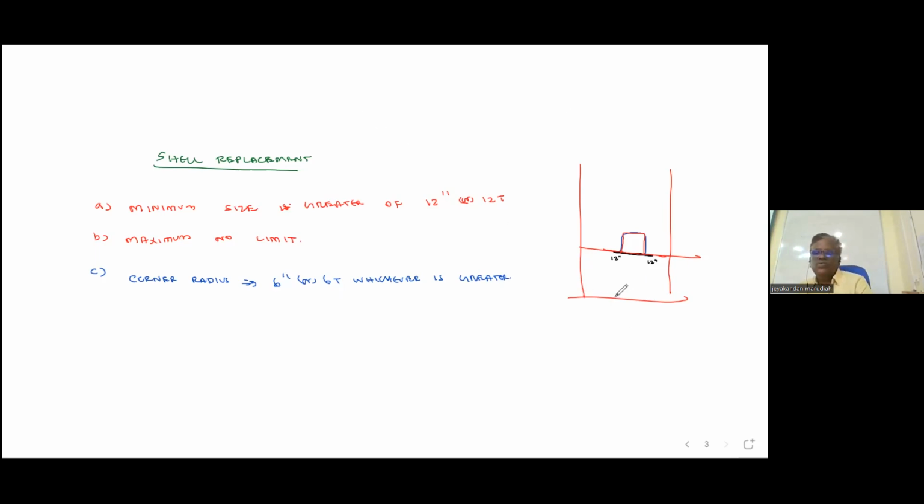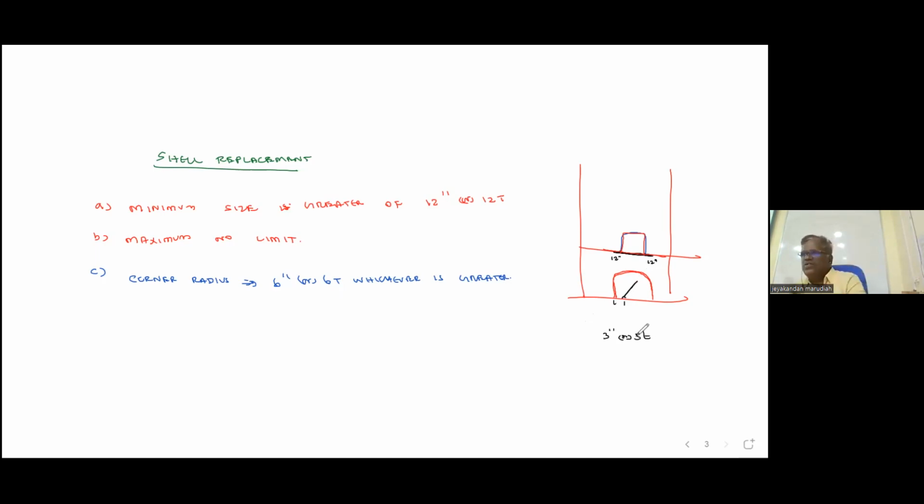What is meant by tombstone? This shape. This should have a tombstone shape. That is the first condition. One more condition: if there is a bottom with an annular plate, and an annular plate butt joint is coming like this, the distance from the annular plate butt joint should be 3" or 5T, whichever is greater.